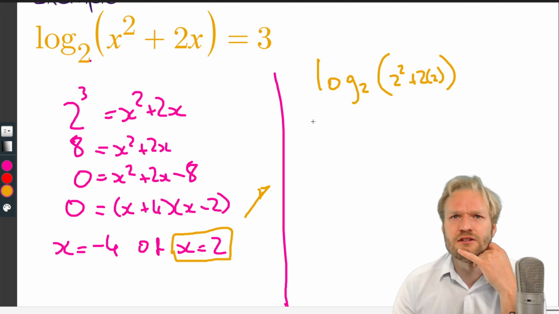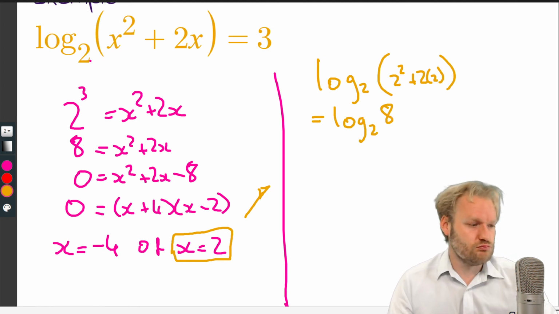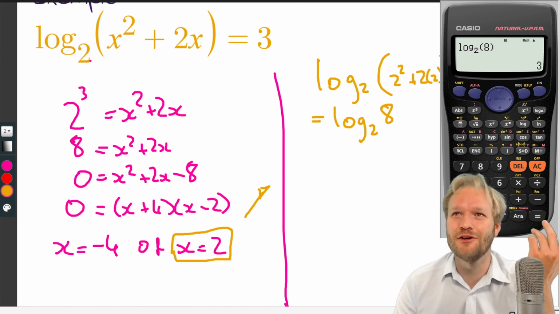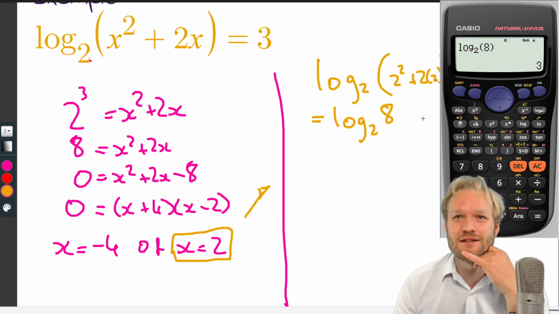Well, that's the log of 4 plus 4, which is 8. Well, what is log base 2 of 8? Go and work it out. Oh right, it's still in our calculator, it's what we did earlier. So this does indeed equal 3, so we're good.